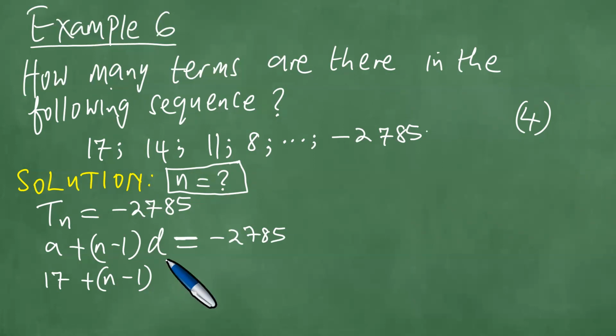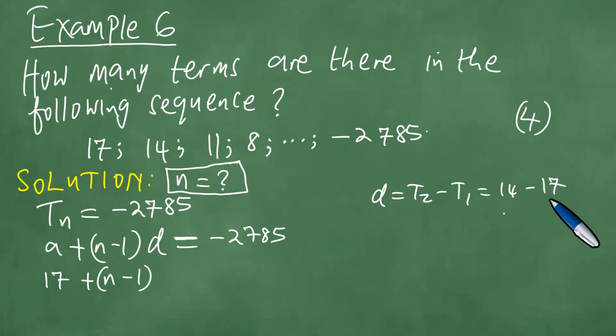Okay, then we ask now, what is the common difference here? To get the common difference, we say T2 minus T1. T2 is 14, T1 is 17. And what is 14 minus 17? Minus 3.